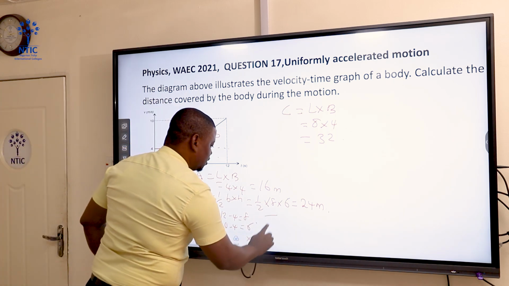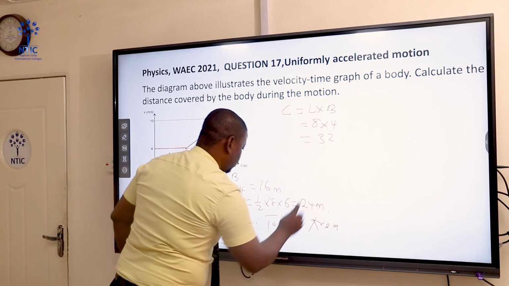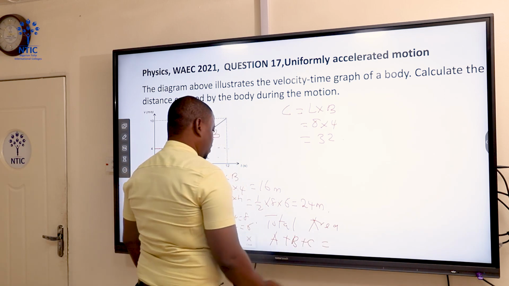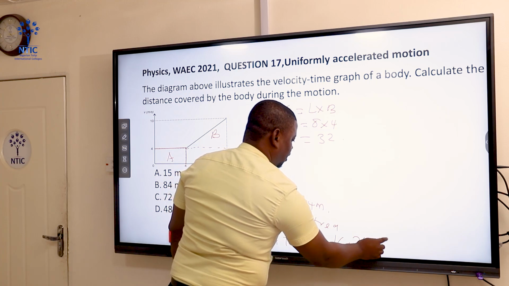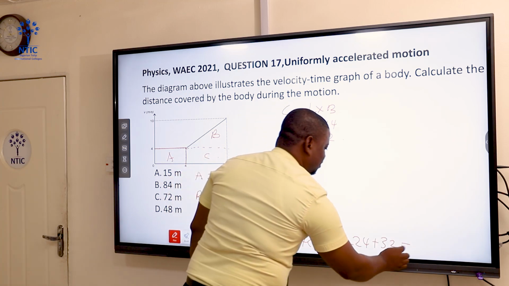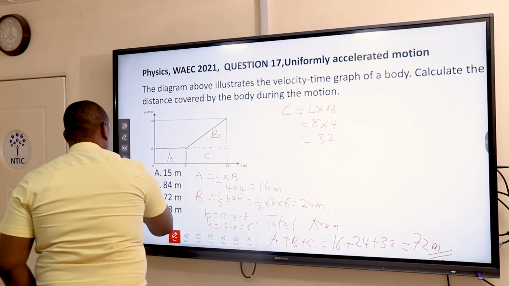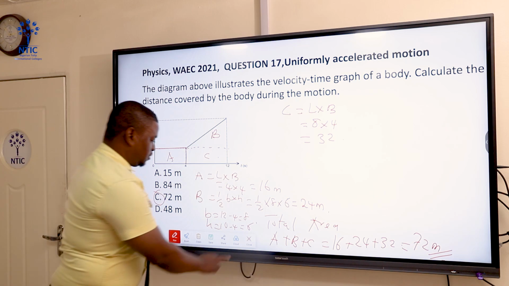Now look for the total area, which is area of A plus B plus C. That will give me 16 plus 24 plus 32, which is 72 meters. So the answer here is option C, 72 meters. Next.